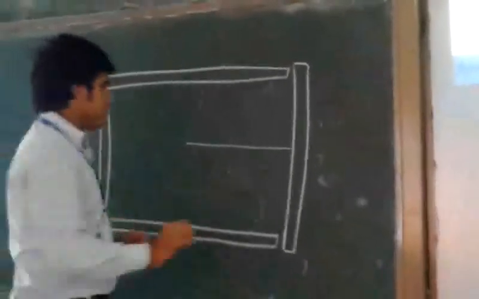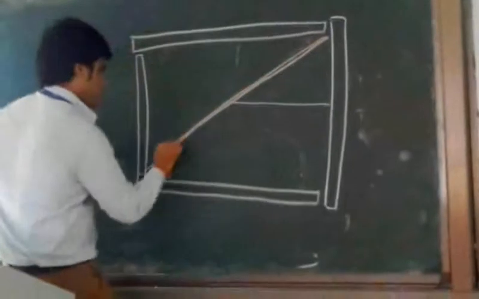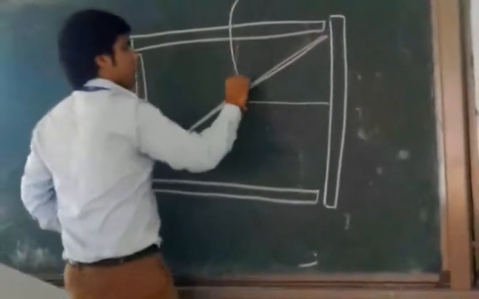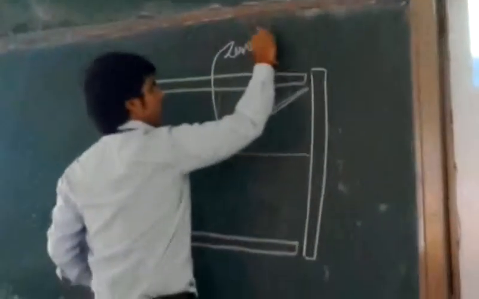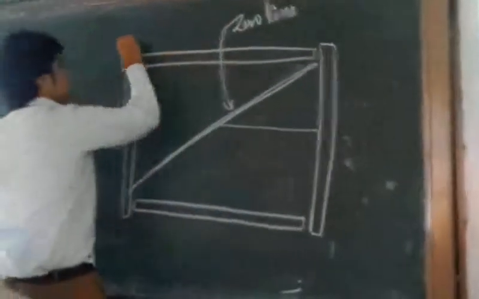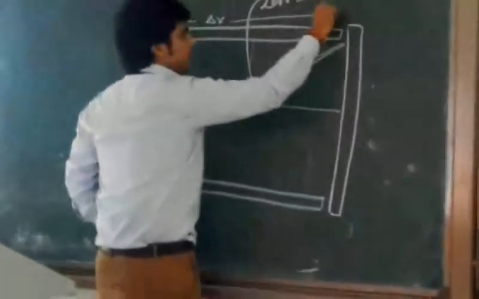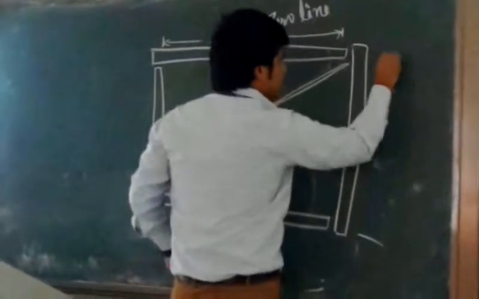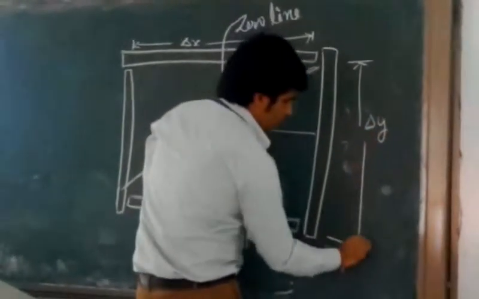Let the position of the zero line be this. This is the zero line, and this is the del x, and the vertical distance from ground is del y.